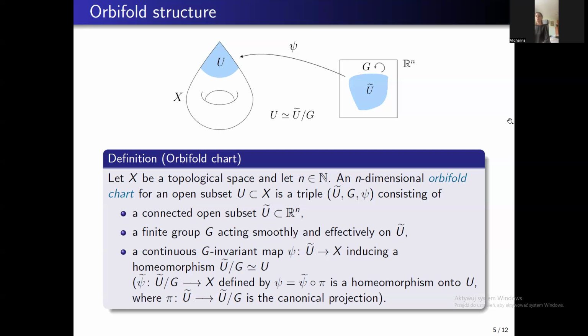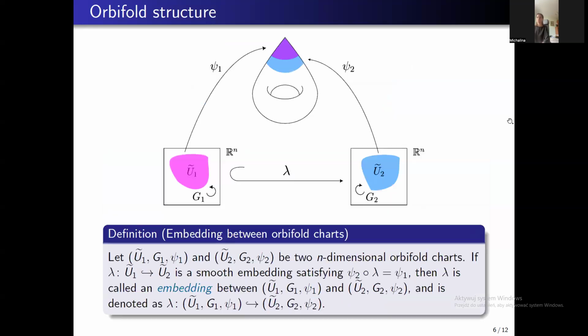this open subset of the topological space and such a quotient. Okay, but this was a single orbifold chart, and we need more charts, and we also want to know what it means for those charts to be compatible with each other. For that we introduce the definition of embedding between orbifold charts. Suppose that we have two n-dimensional orbifold charts for some topological space.